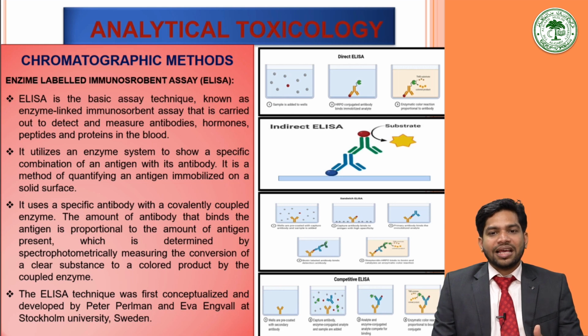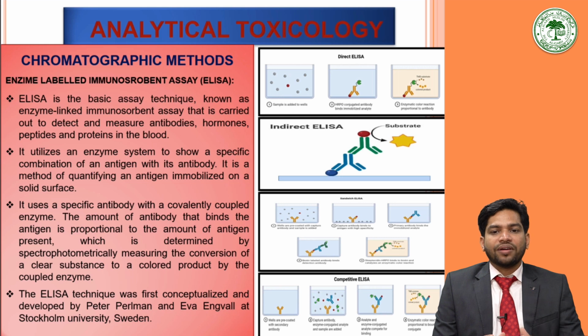ELISA is a basic assay technique that is carried out to detect and measure antibodies, hormones, peptides and proteins in the blood. It utilizes an enzyme system to show a specific combination of an antigen with its antibody. It is a method of quantifying an antigen immobilized on a solid surface. It uses a specific antibody with a covalently coupled enzyme.